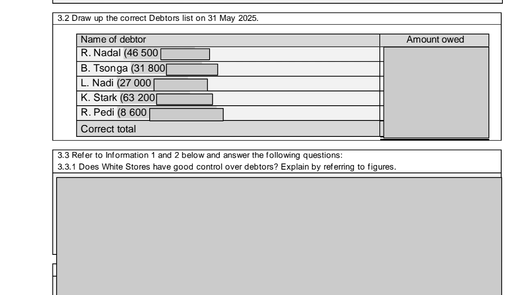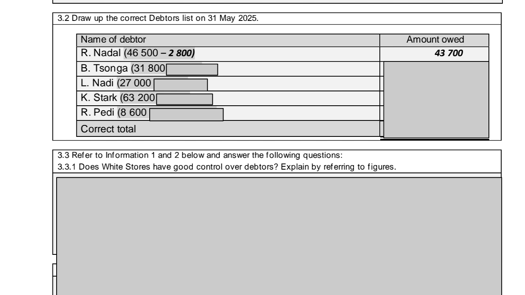So to fix the error, we're first going to credit R. Nadel's account to square the amount, and then we are going to do what we were supposed to have done, and that is credit his debtors control account. So 1,400 times 2 is 2,800 Rand, which we will minus from his amount owing. So now he only owes 43,700 Rand.